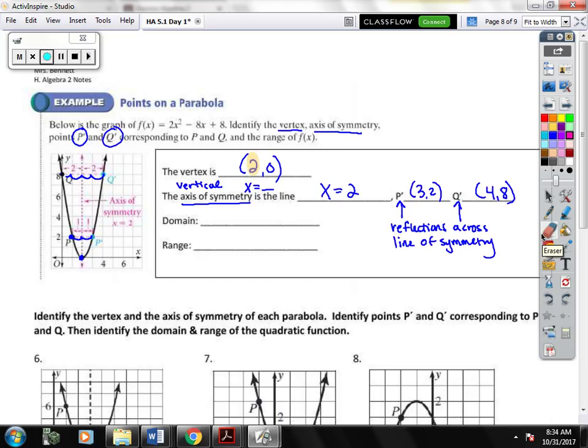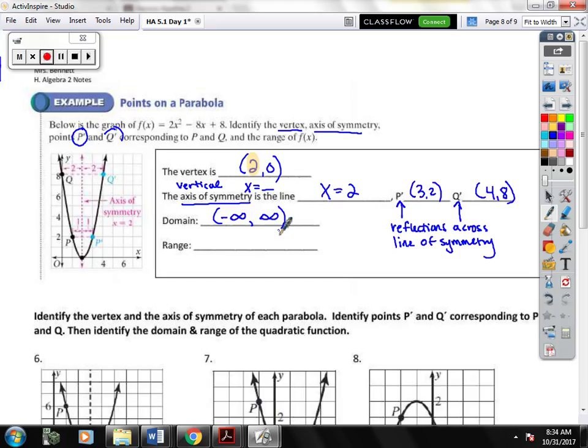All right, now remember, the domain is not just asking you to list the values that you see here, because it has arrows that go on forever and ever. So you're thinking on the x-axis, what's the smallest that it will ever get? Well, it's going to continue forever off my page. So it will be negative infinity, comma, the largest number it'll ever get to on the domain will be positive infinity, because it's going on forever.